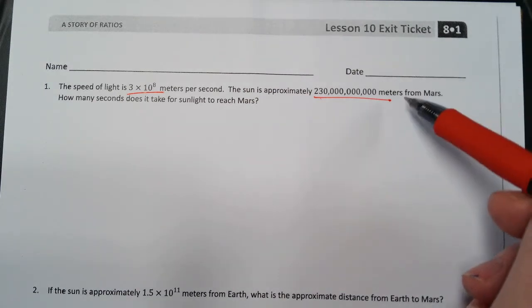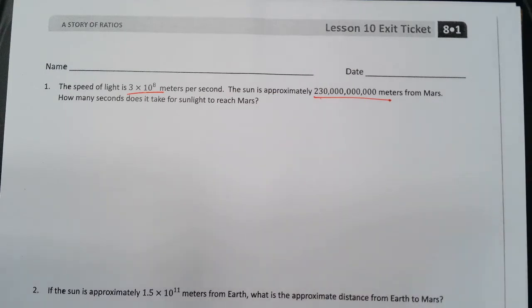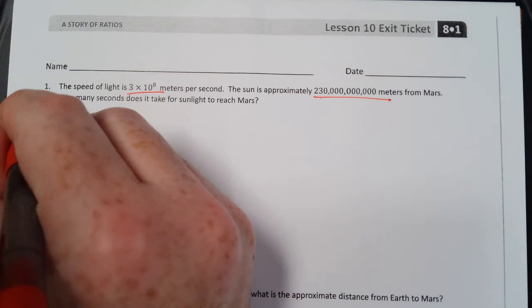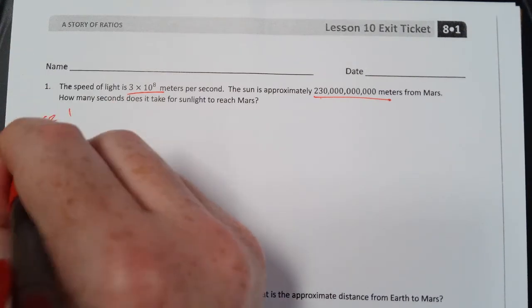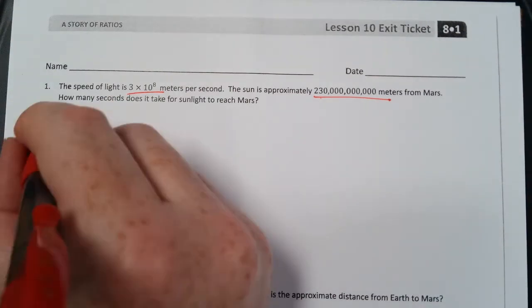Well, this should sound familiar because we did the exact same thing with how long does it take sunlight to get to Earth. And that question was exercise 1 on page 95. So if you need to know how to do this one, go back and look at exercise 1 on page 95. So try it yourself.